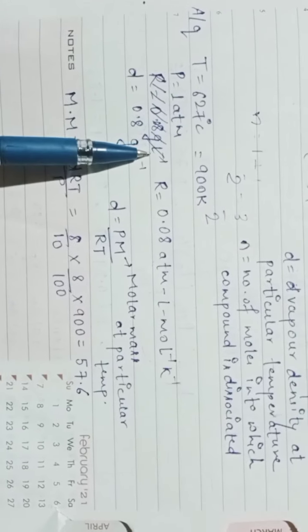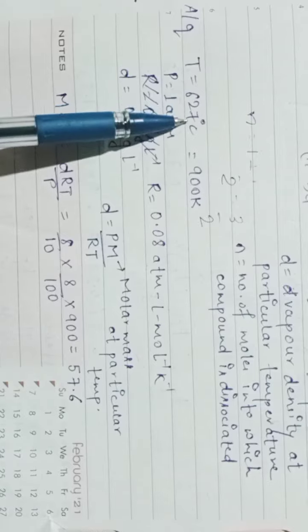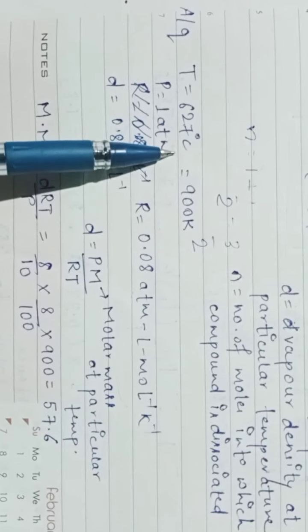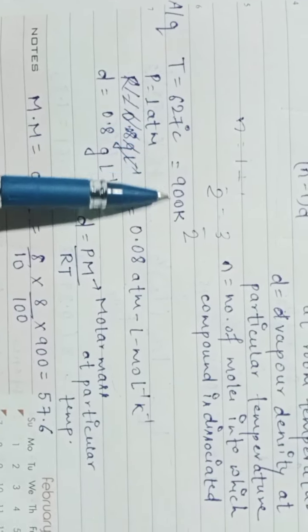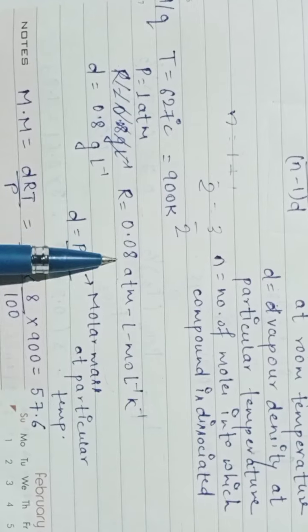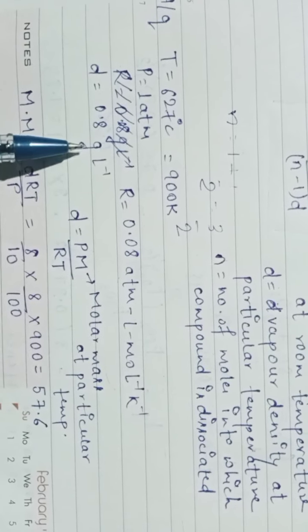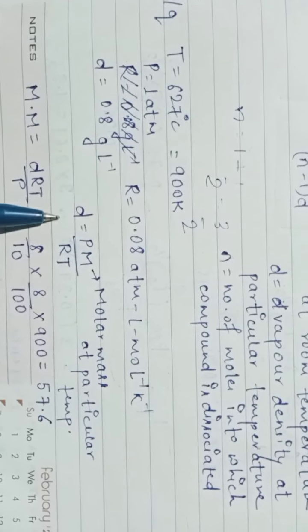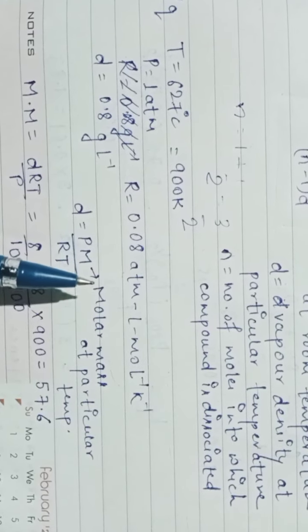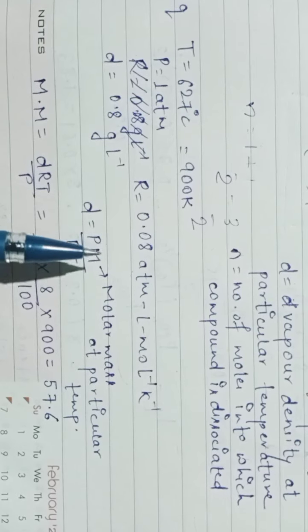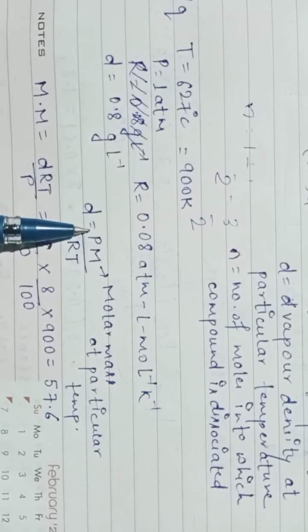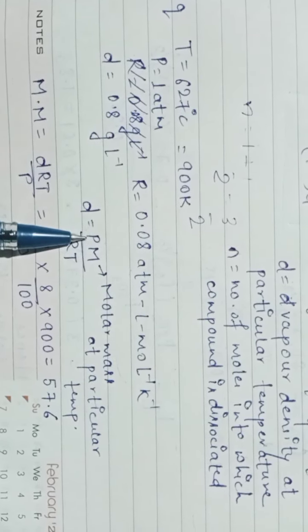Now, according to the question the temperature is given as 627 degrees Celsius, which we convert into Kelvin, so it will be 900 Kelvin, and the pressure is 1 atm, and the value of R in the question is 0.08 and the density is 0.8. This question is related to vapor density, so firstly we have to find the molar mass of the mixture at the particular temperature so that we are able to find the vapor density at that temperature.